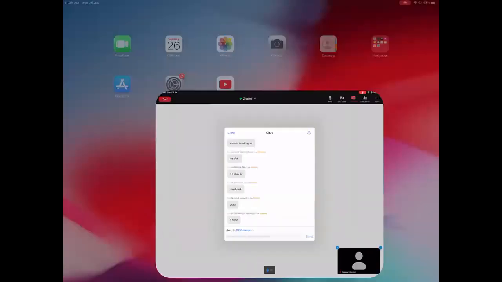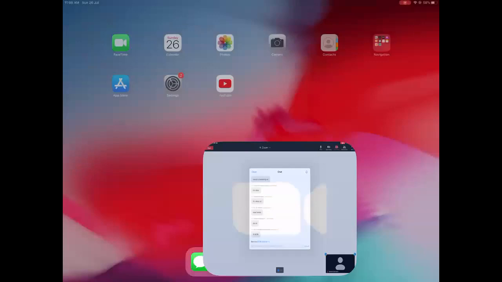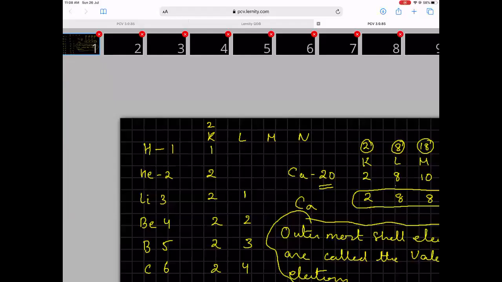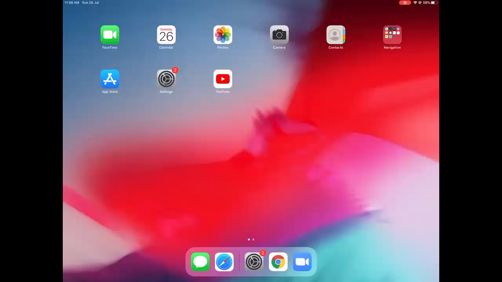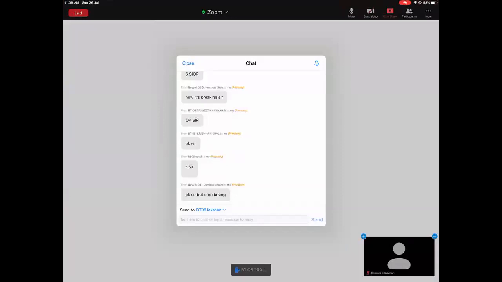Okay. So now tell me, I hope we remember this. Did we fill up all these things? I would have given you as homework elements up to atomic number 20.